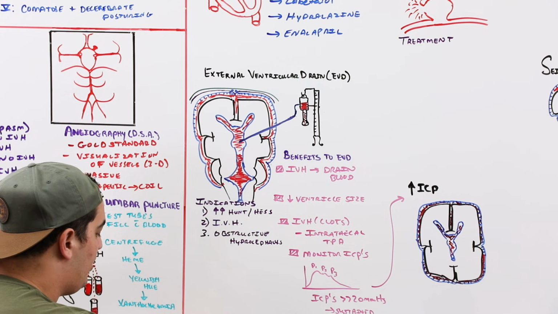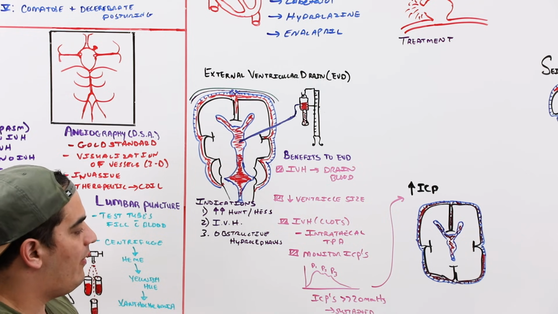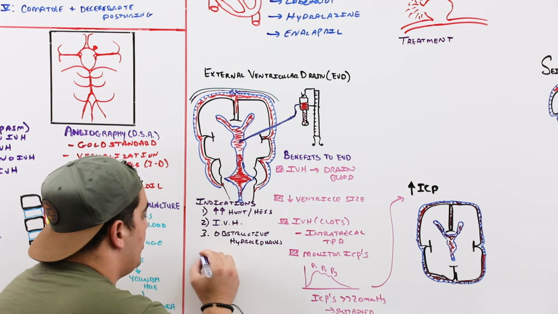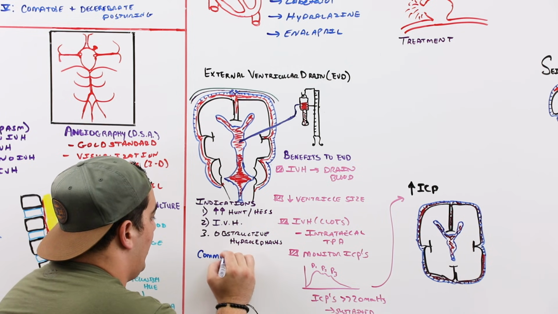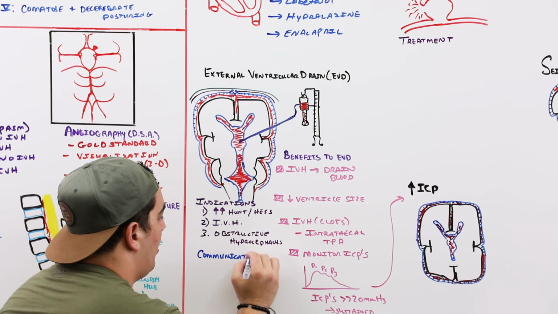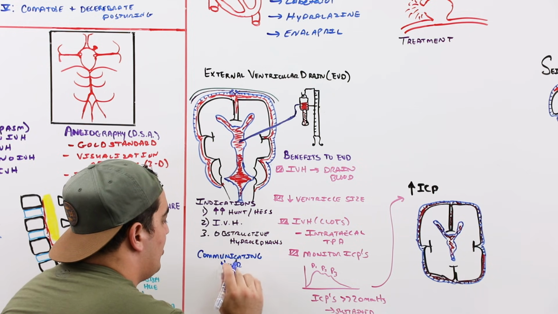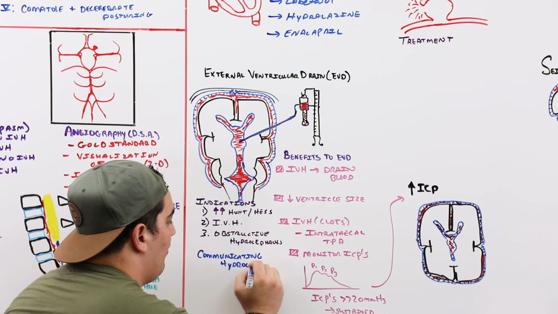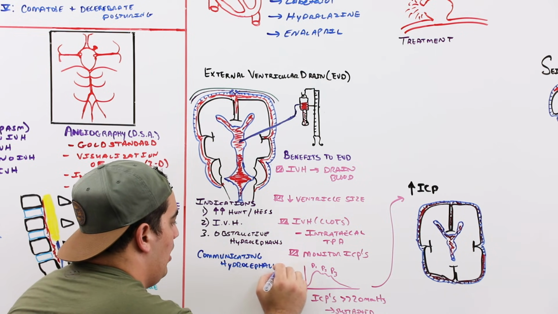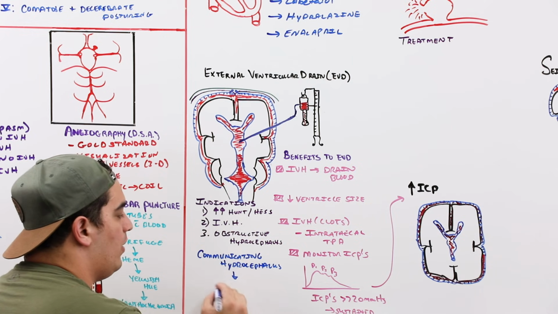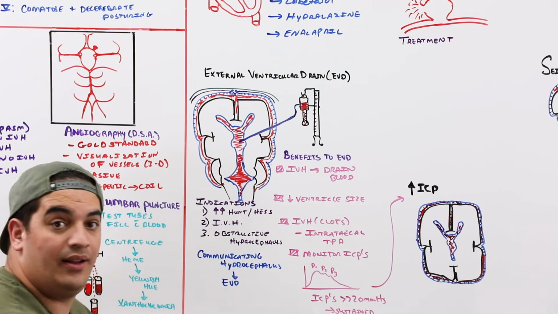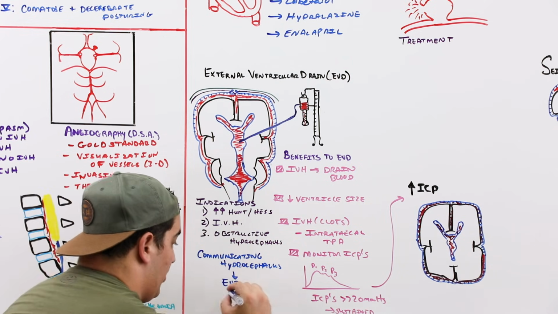The last thing that I want you guys to think about is that last type of hydrocephalus that I told you about. In someone who has a communicating hydrocephalus, because that blood gets stuck in those arachnoid granulations, what can happen with that? Well, sometimes it can cause a hydrocephalus that stays around for a while. So sometimes you do an EVD, but guess what may happen in the long term?